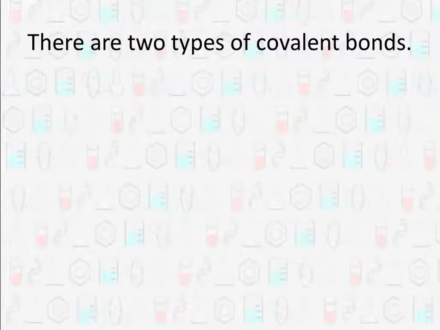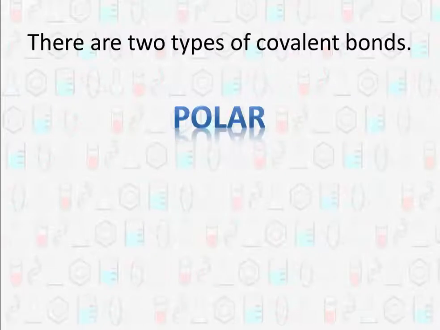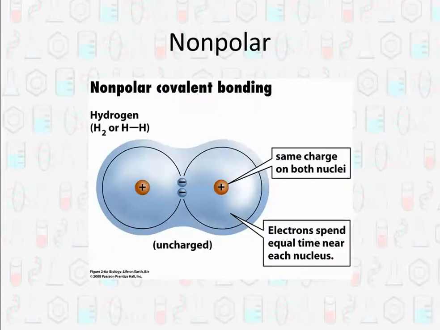We can break this down even further because there are two types of covalent bonds: polar and nonpolar. We're going to go over nonpolar first. Nonpolar bonds mean that there's no difference in charges between the two or more atoms that are sharing electrons.